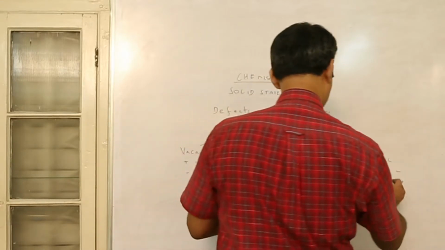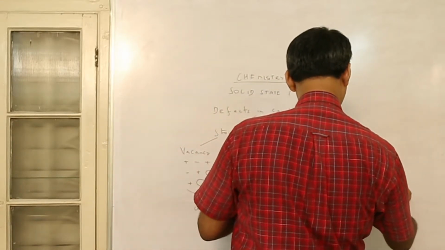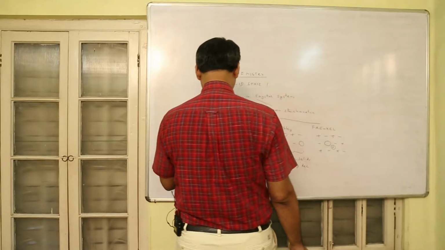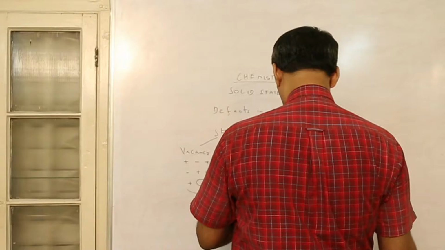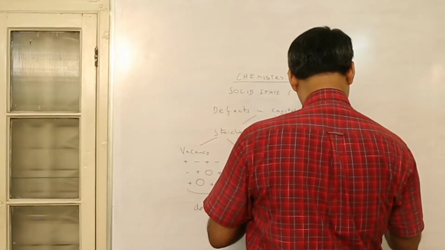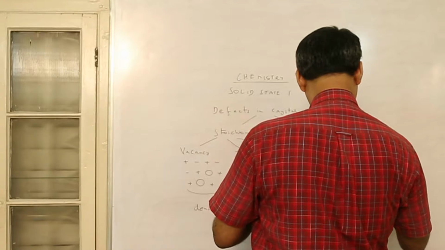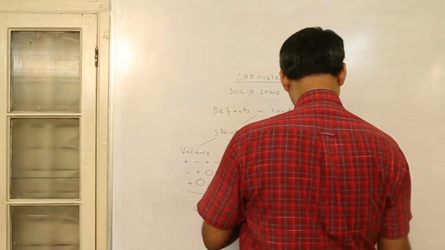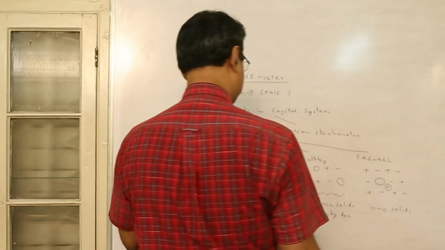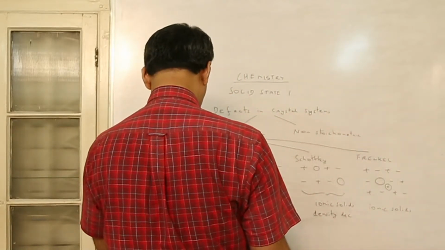There might be a missing cation. So the missing cation may occupy a void position. So you can see that this also happens in case of ionic solids. But here the cation must be significantly smaller than the anion.